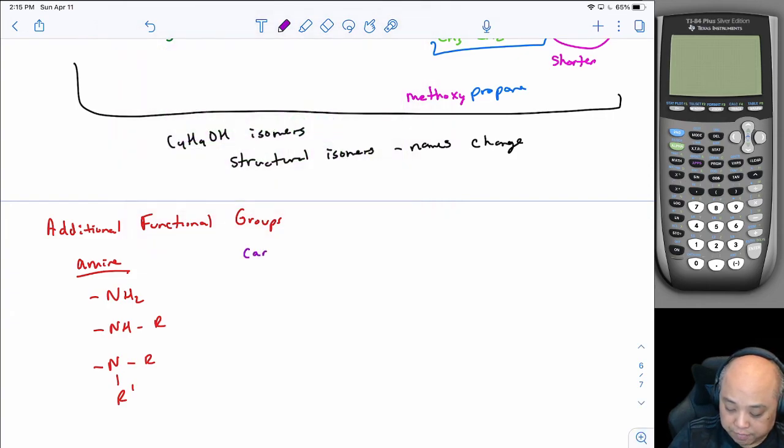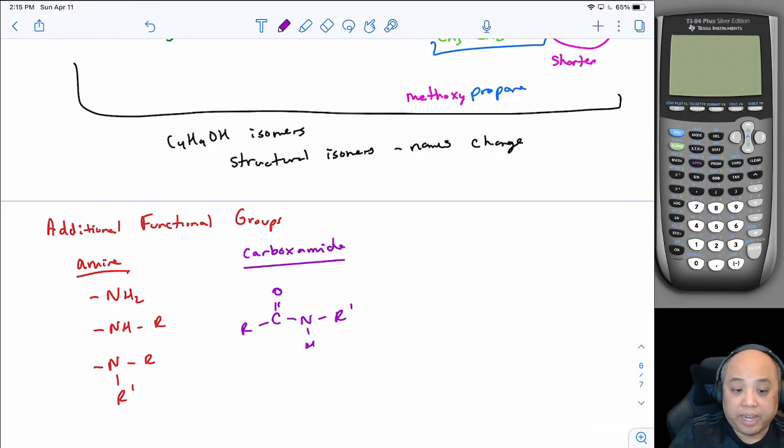You might also have a carboxamide. A carboxamide is when you have a carboxyl group, but instead of an OH or an O on the other side of the carboxyl group, you have an N instead.